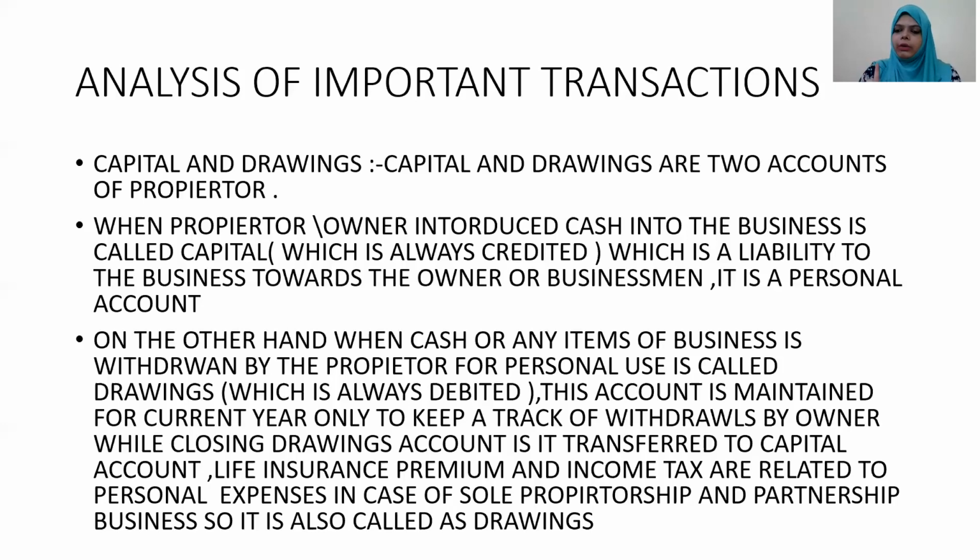Now we need to know, there is a sole trading business, where I am the single owner of the business, and there is a partnership business where I have two or three partners. We combine together and perform a business. In a partnership business, every partner can contribute, but in a sole trader business, only I can contribute the capital or the cash into the business.